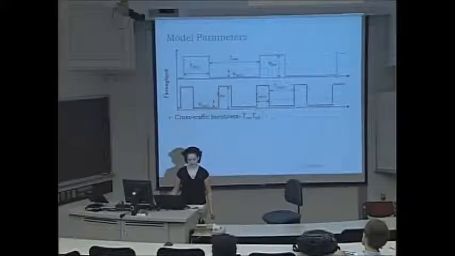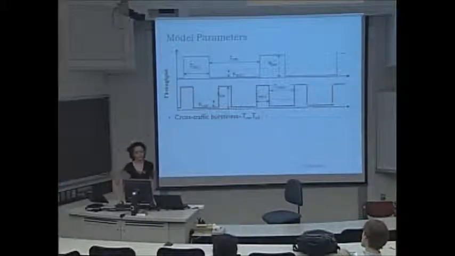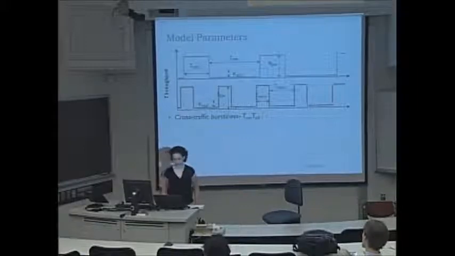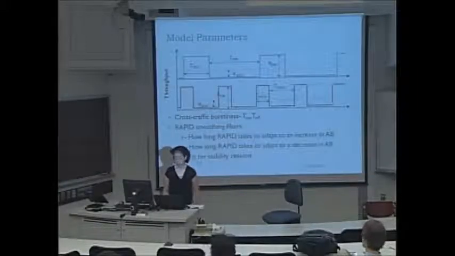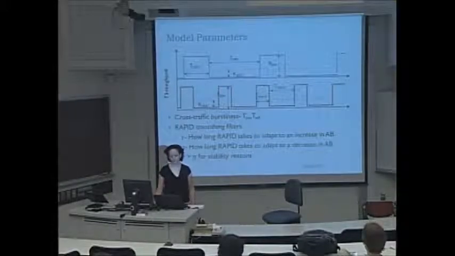And when the cross-traffic sender is sending packets, it's sending at one constant rate, which is R on.